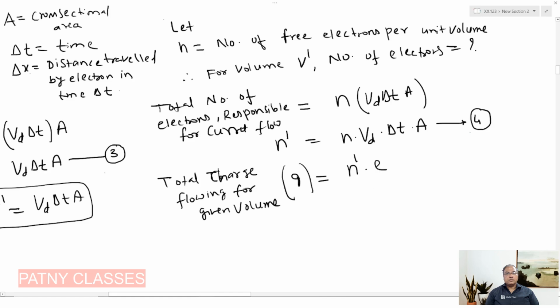Because the charge on one electron is E and the total number of electrons is N dash. Therefore, Q equals N into Vd into delta t into A, and E is the charge on a single electron. Call it equation number 5.